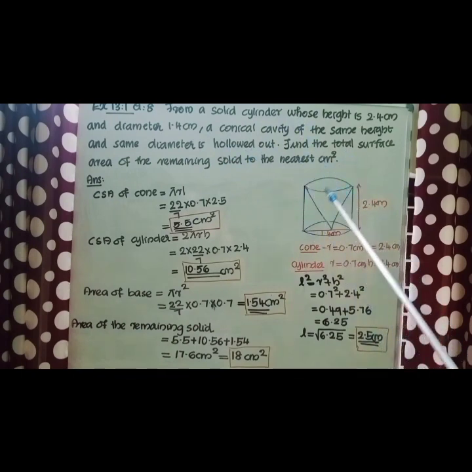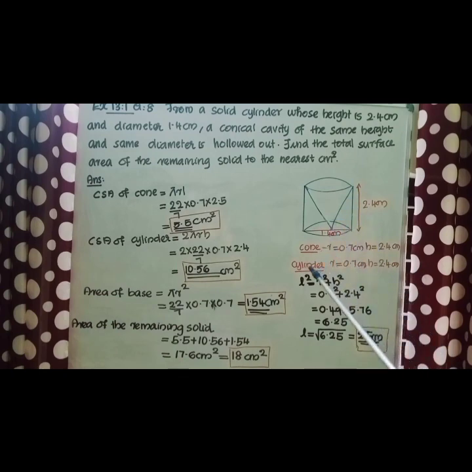So to find out the total surface area of the solid, we need to find out the curved surface area of cylinder, area of base, that is circle, and curved surface area of cone.